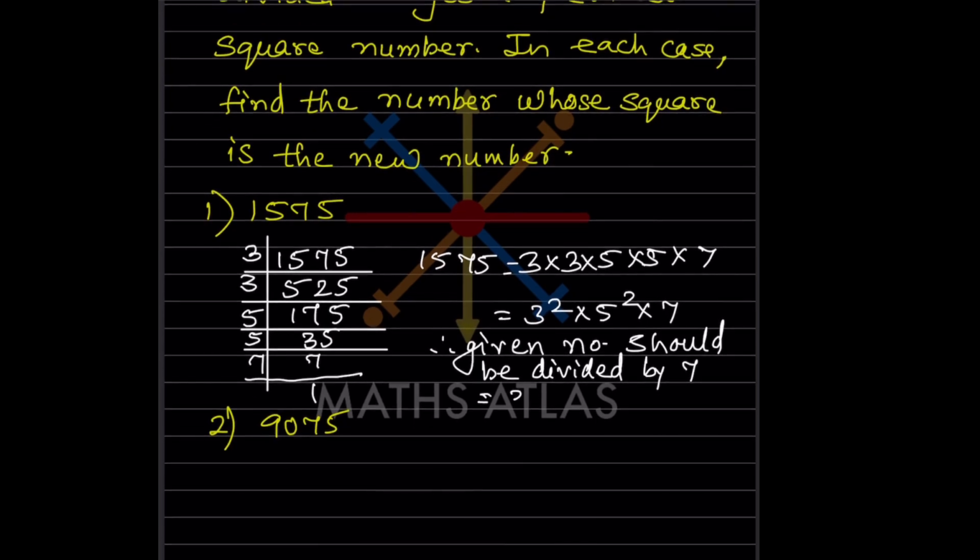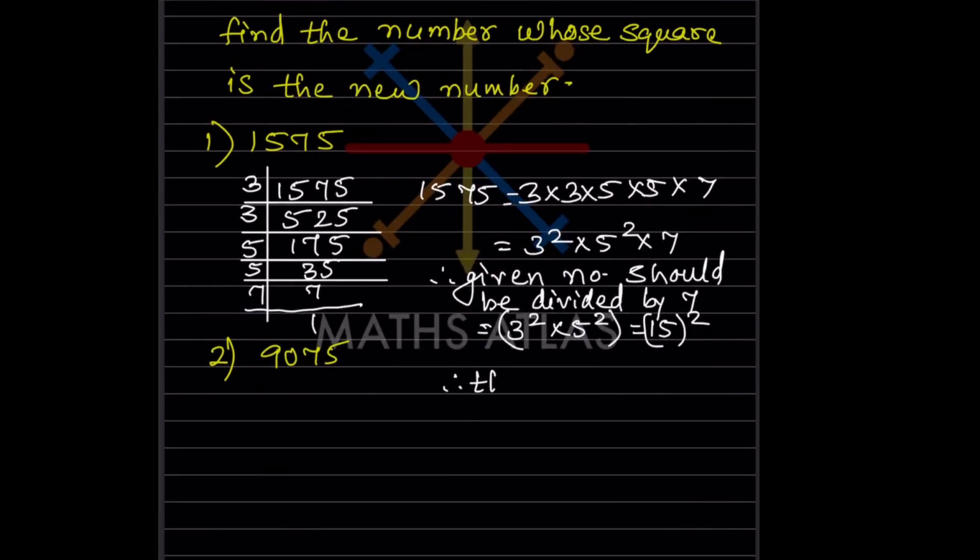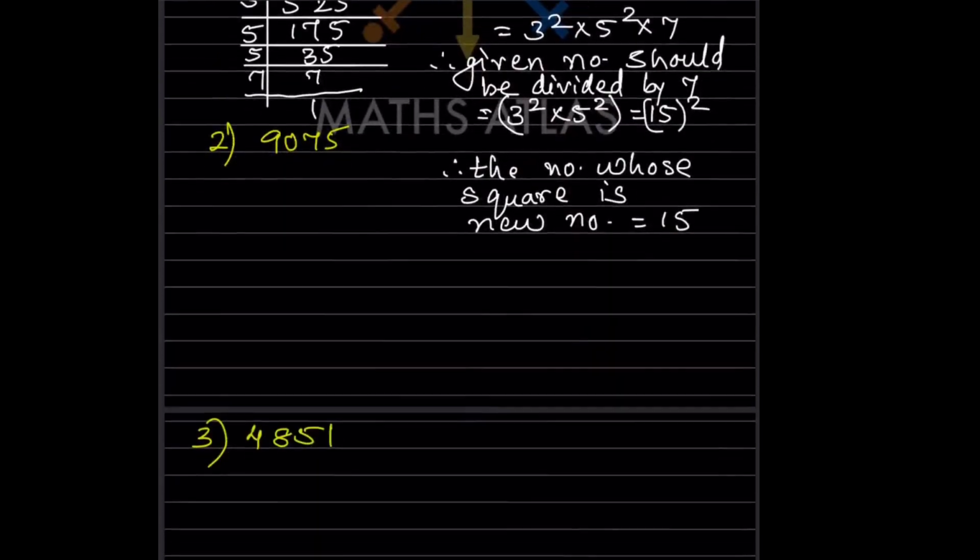Because if you divide that number by 7, what remains is 3 square into 5 square, and this is going to be what? 3 into 5, that is going to be 15 square. So we can write here, therefore, the number whose square is new number is equal to 15.